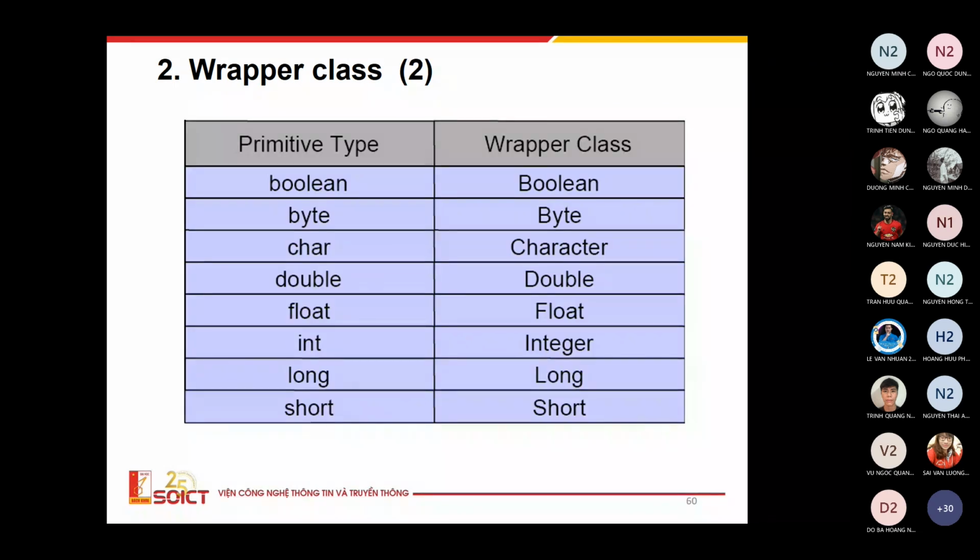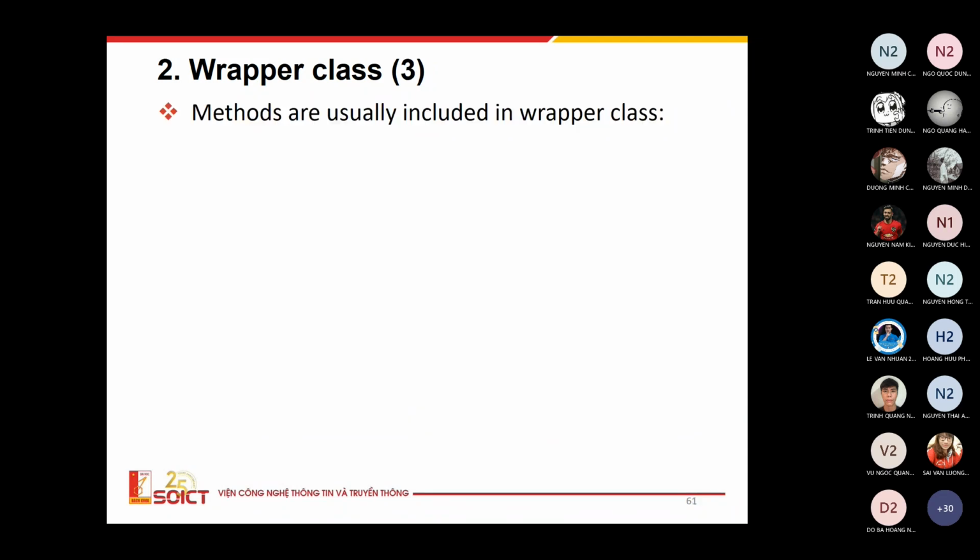So for example, you have the primitive type boolean, and you also have the wrapper class Boolean. And here the first character is capitalized. With byte, char, double, float, integer, long and short, you all have the wrapper class. So what methods can you use in the wrapper class?